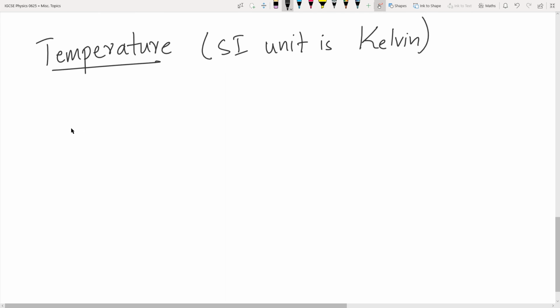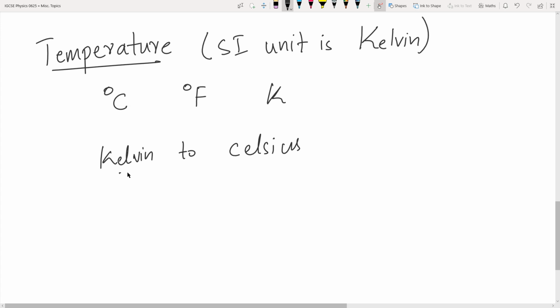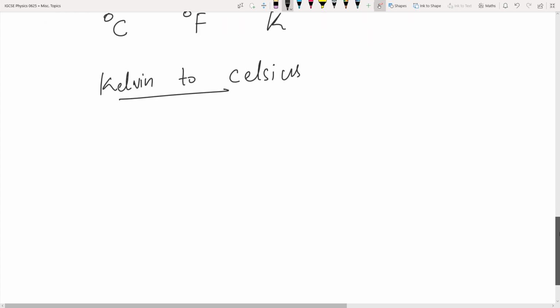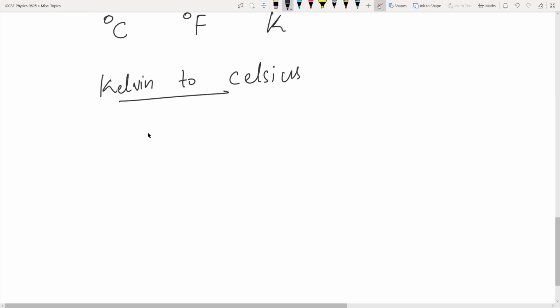Now we do know we have only three basic units, which are degree Celsius, degree Fahrenheit, and Kelvin, right? So if you want to go from Kelvin to Celsius, this is kind of different; these are formulas that you need to understand.